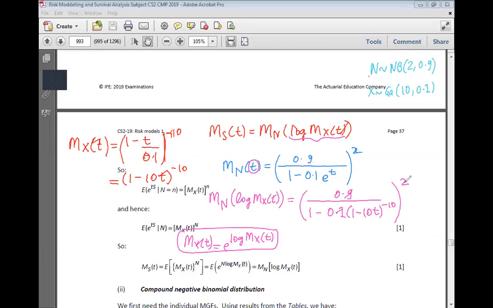I wasn't understanding how to put in the log MX(t) part. I didn't realize that I would just have to put it in place of t. Yeah, I understand it looks a bit confusing here, but it's actually the parameters. I think that is why this question is really important. But again, it's good.